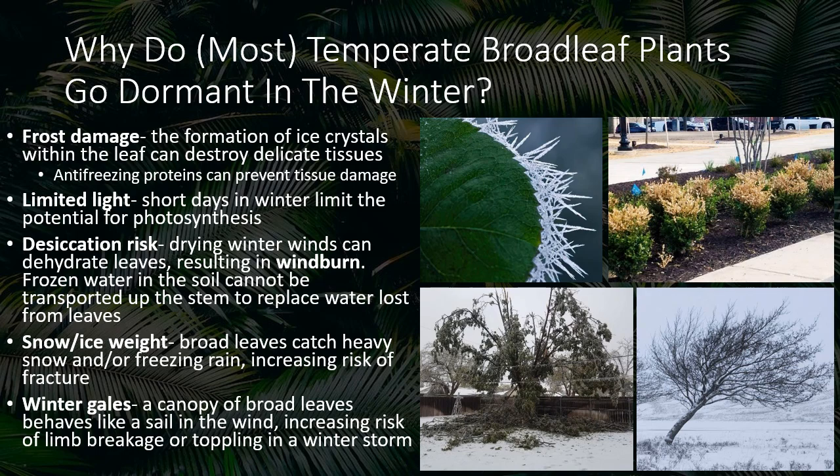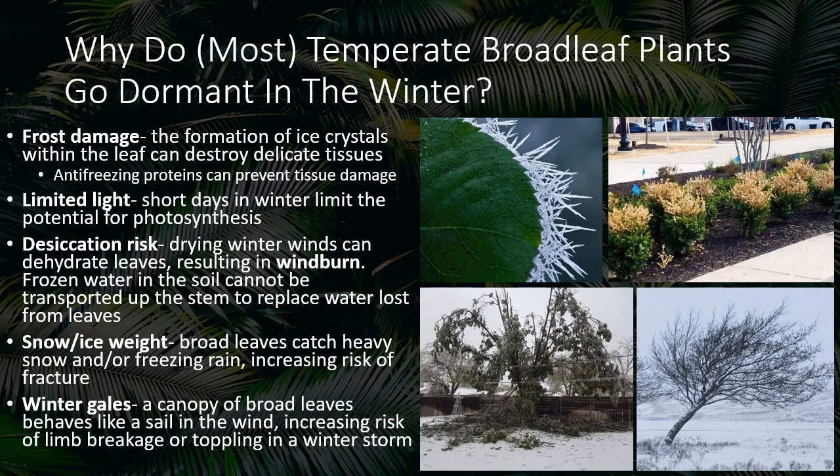In this bottom right hand corner, we can see a broadleaf tree which was subjected to freezing rain, and the weight of the ice buildup on its branches has fractured the majority of the limbs, and we've got some major branches which have collapsed to the ground.